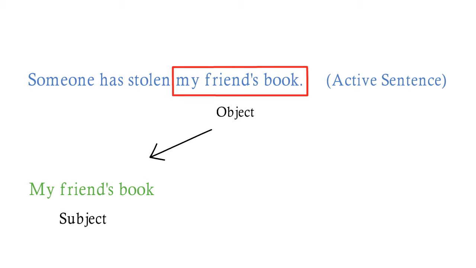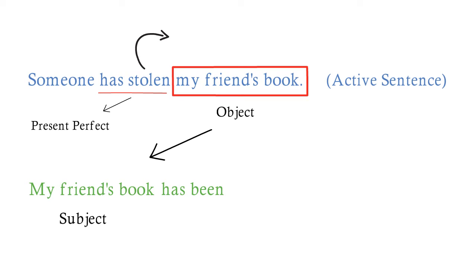Step 3. Identify the tense of active sentence and use an appropriate be verb accordingly. Someone has stolen my friend's book. It is present perfect. My friend's book has been. Step 4.